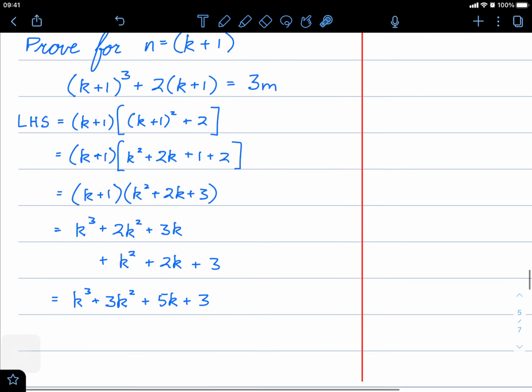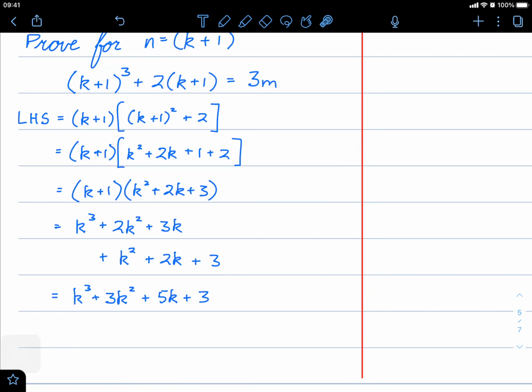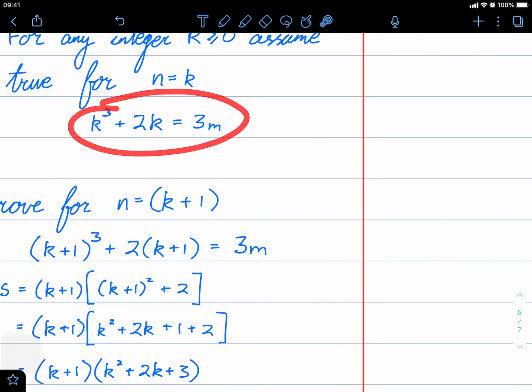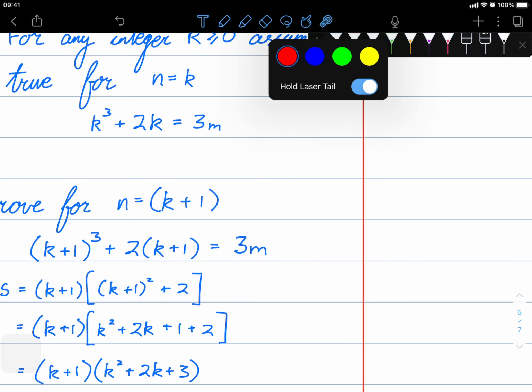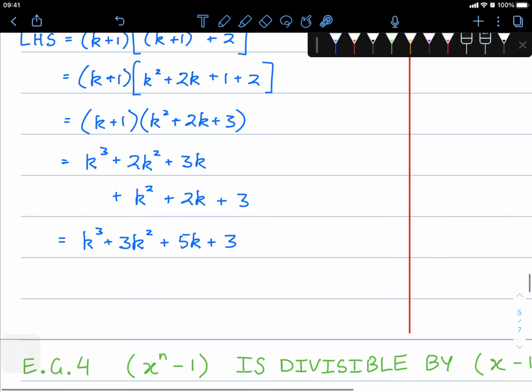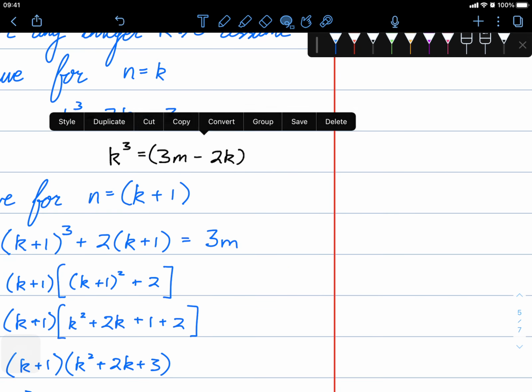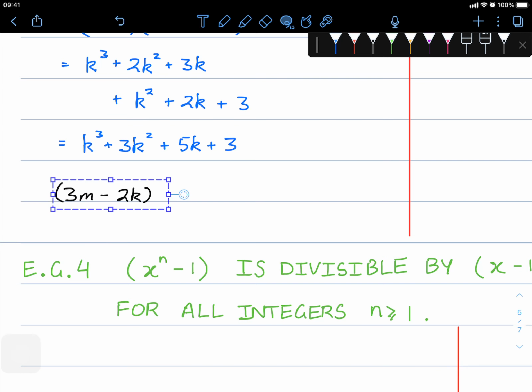Well, if you look back, and it's usually the case when you hit a dead end like this, look back at our initial expression. We have k cubed, so if we make that the subject, maybe if we substitute, we can progress further. So let's take a look at what happens if we try that. We get k cubed equals 3m minus 2k. So substituting that into our expression here.